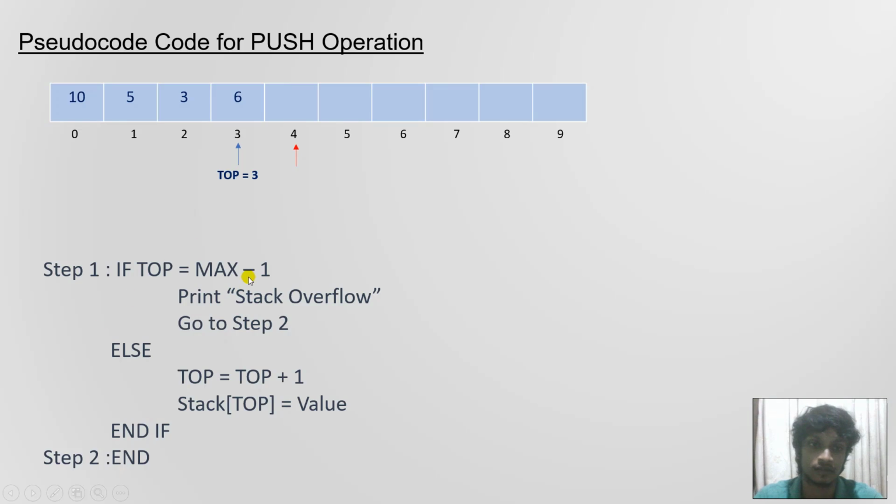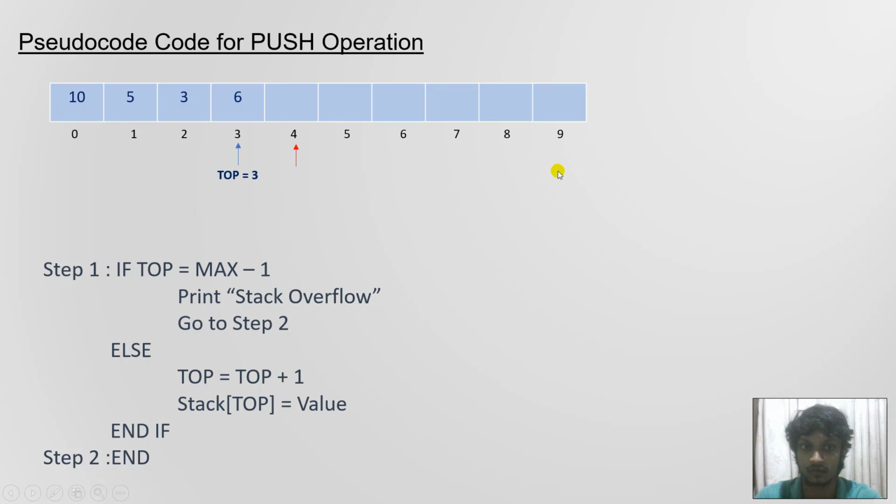Basically we can use this condition: top is equal to max minus 1. Here the top is 9 and the maximum is 10, so 10 minus 1 means 9.